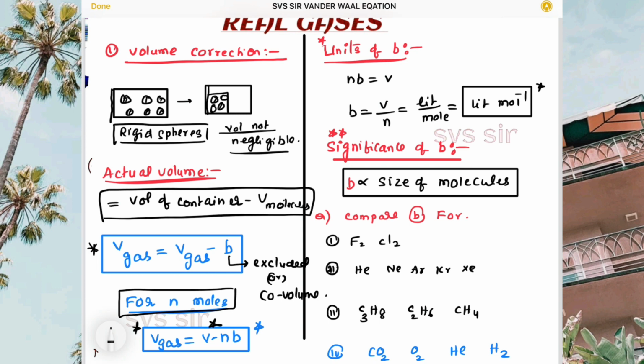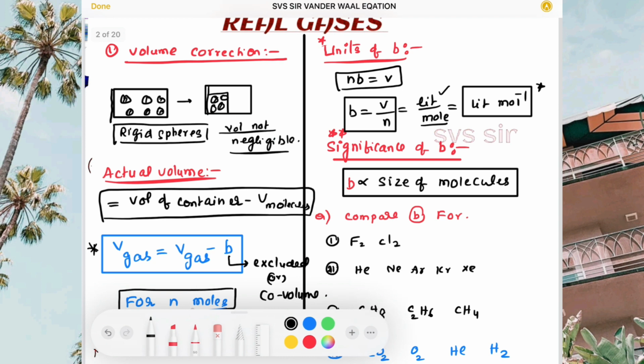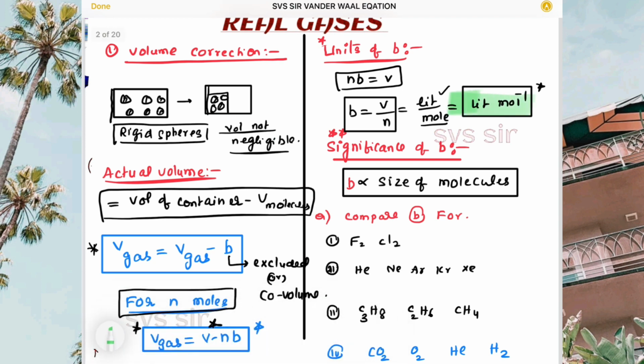This point you need to remember, volume correction. What are the units of b? nb = V, so b = V/n. Volume is liters and n is number of moles, so the unit is liter per mole. This we have to remember.